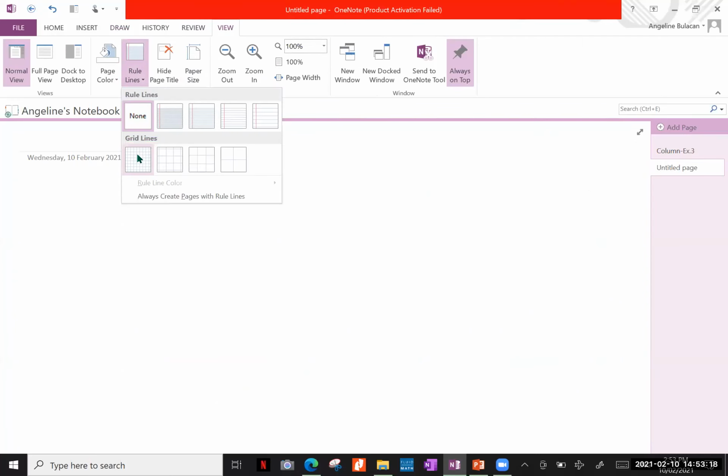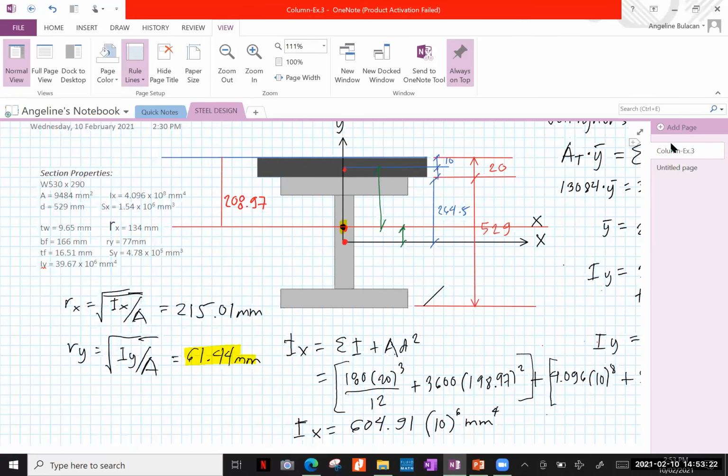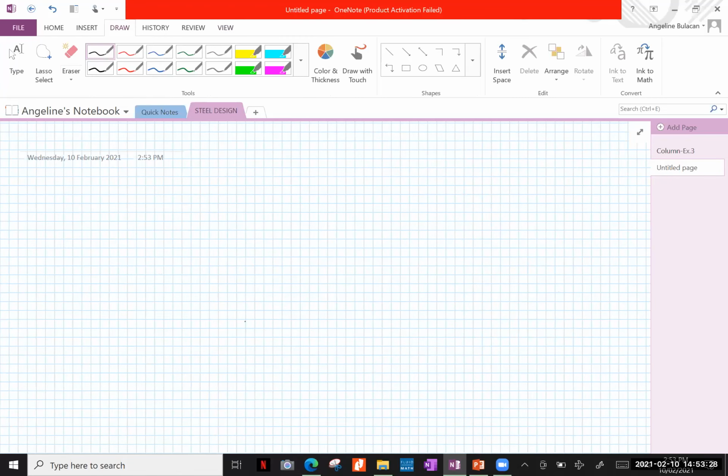Copy ko na lang dito. Ang na-compute natin na R is 61.44. Yan, palagay natin. So we have Ry, ito yung lalagay natin, 61.44 mm. And then, copy na natin sa problem. Ang length is 8 meters.